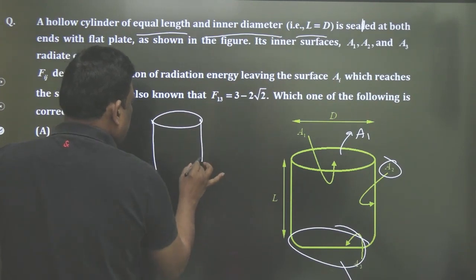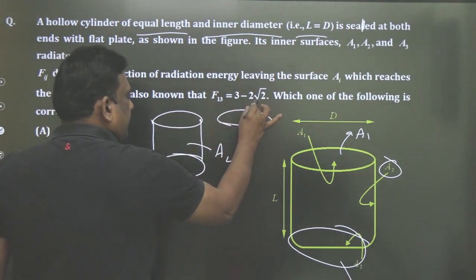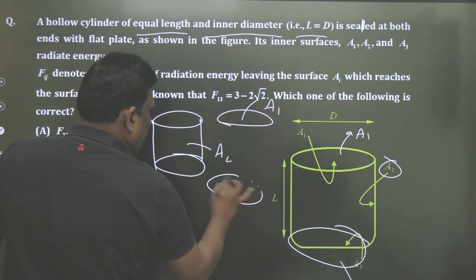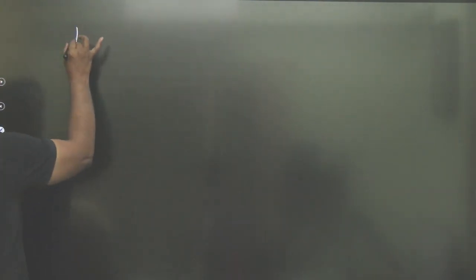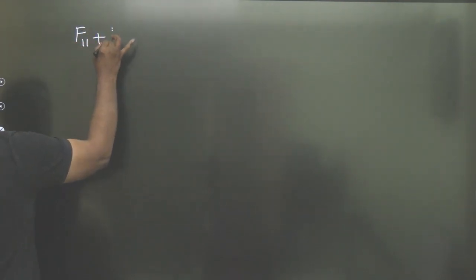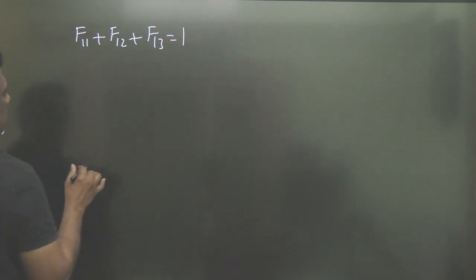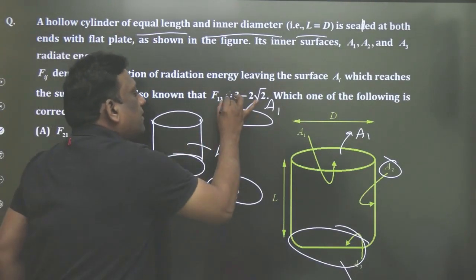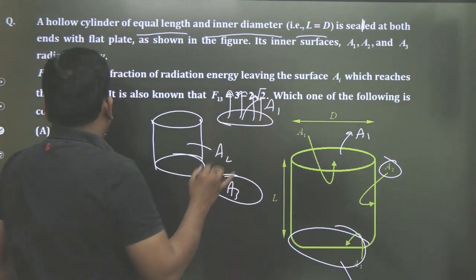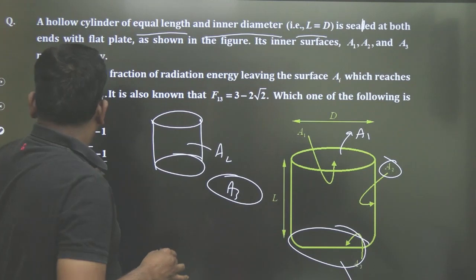This is A2. The top cover is A1. The bottom cover is A3. Now, you know very well the summation rule: F11 plus F12 plus F13 is equal to 1. Can you tell me what is F11? It is a flat surface, so whatever radiation is emitted from 1, nothing is falling on itself.